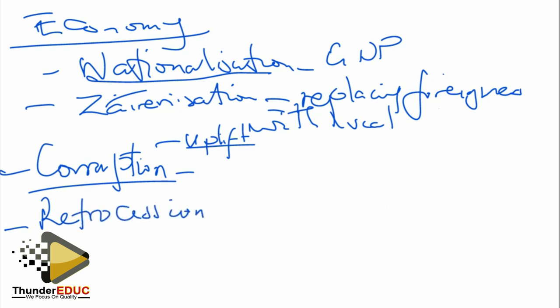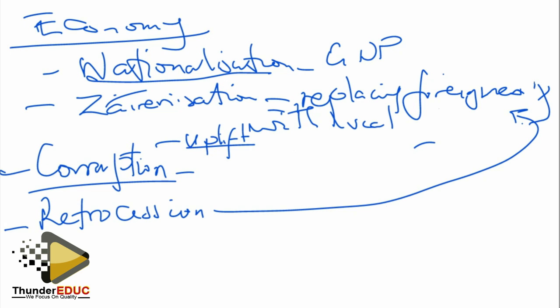Then you can also talk of retrocession. Retrocession was a way to try and reverse Zairenization. We are saying they were replacing foreigners with inexperienced local people, and they also nationalized some of the privately owned companies. These companies were nationalized without compensation.